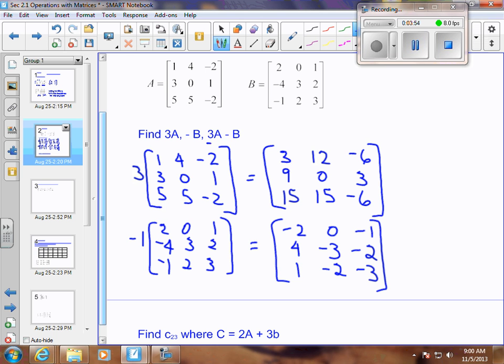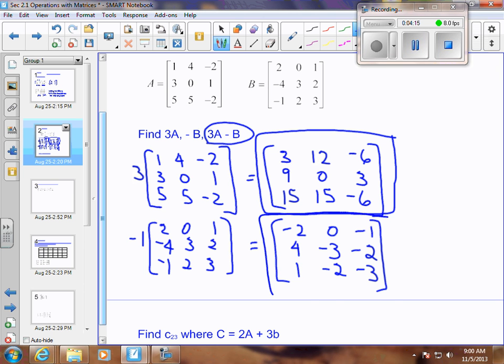Then to find 3 times A minus B, we're combining the addition or subtraction that was covered on the first slide along with the scalar multiplication. This matrix represents 3 times A, and this matrix represents -B. So I can find 3A minus B by adding those two matrices. This one is 3A and this one is -B.